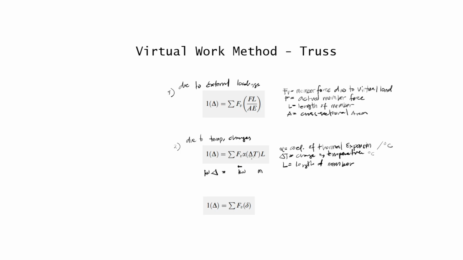Itong dalawang to, alpha times change in temperature, maka-cancel yung degree Celsius natin or any unit in terms of temperature. So, kung mapapansin mo, maka-cancel yung kilonewton for both sides. So, yung delta natin dito is in meter or yung mismong unit nung length natin. Okay?